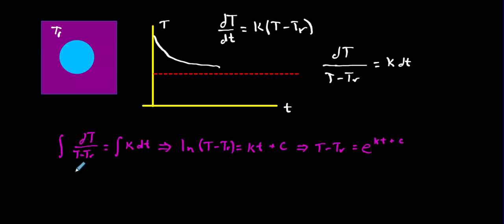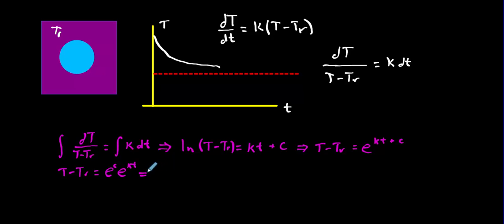Now let me make a change. I'm going to rewrite the exponent part as E to the C times E to the KT. And it's okay to do that because of a property of exponents.